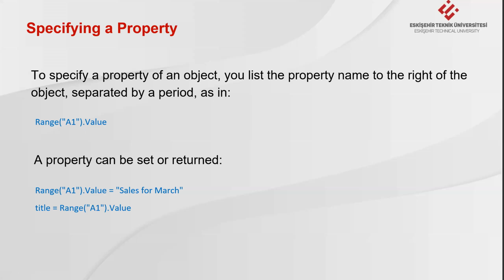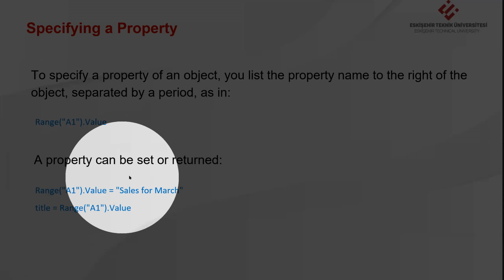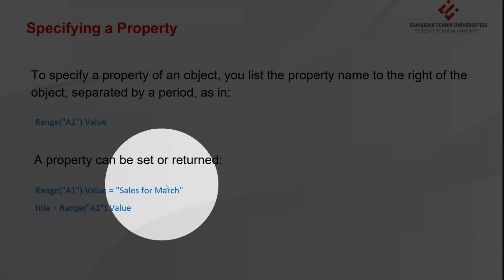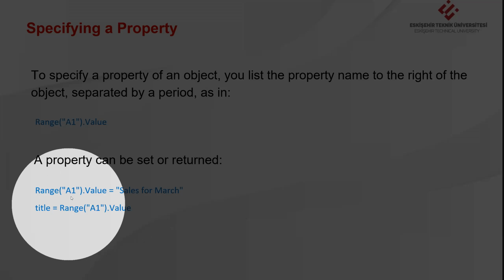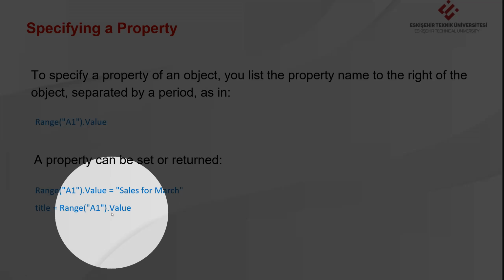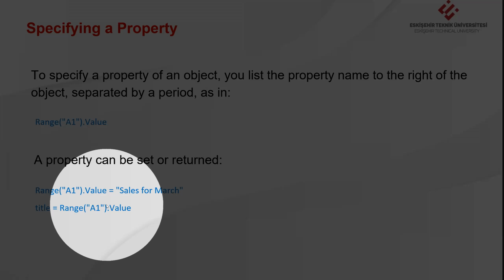So a property can be set or returned. For example, you can set a range A1's value to, for example, sales for March, and then you can return a value of a property again as in here. So don't forget, assignments are from the right side to left side.